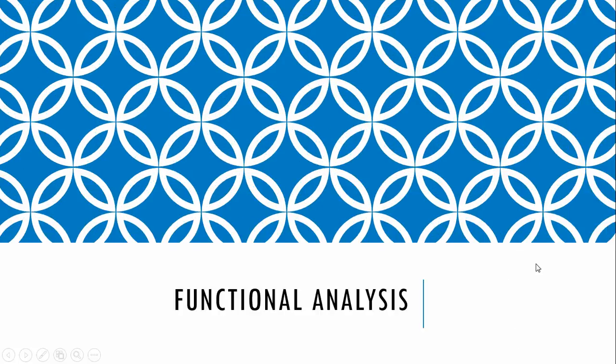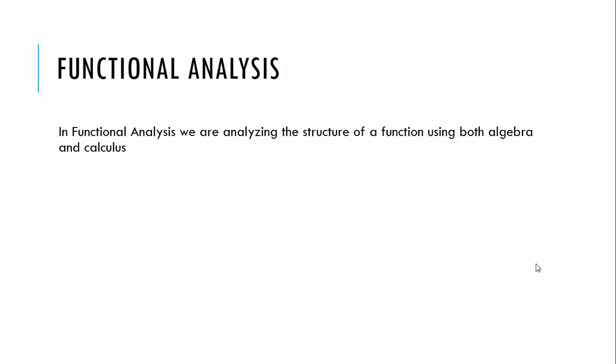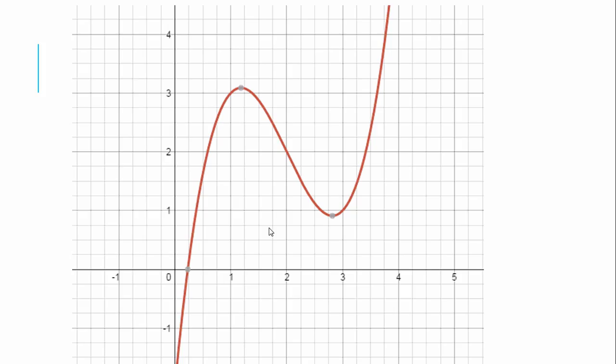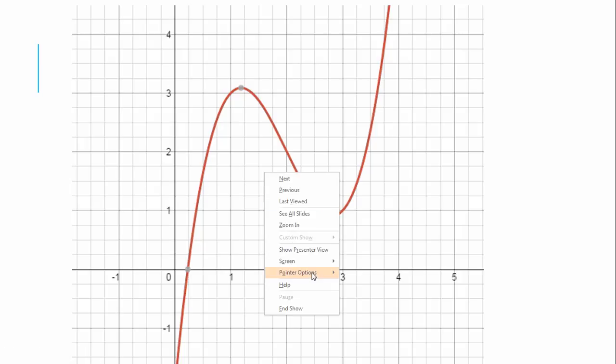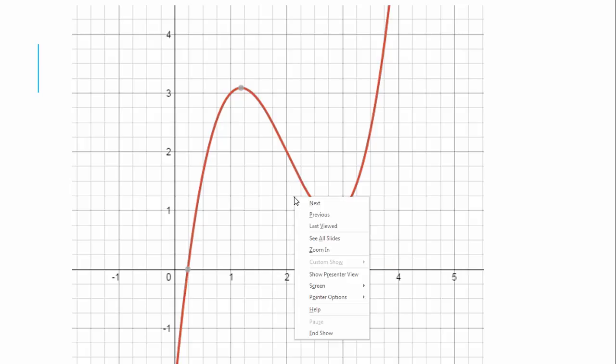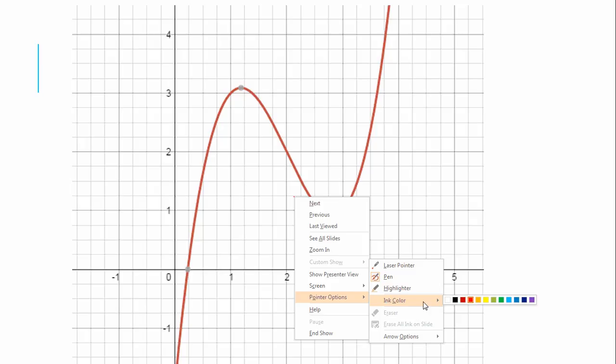Okay, functional analysis. So in functional analysis, we are analyzing the structure of a function using both algebra and calculus. So here is a function. Let's use a different color than red. Let's use purple.